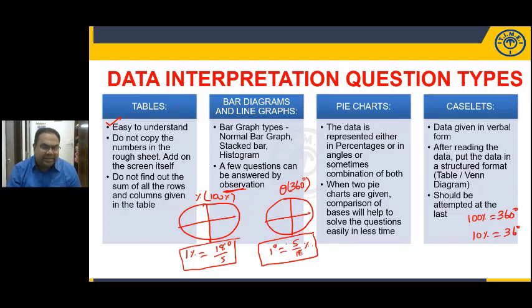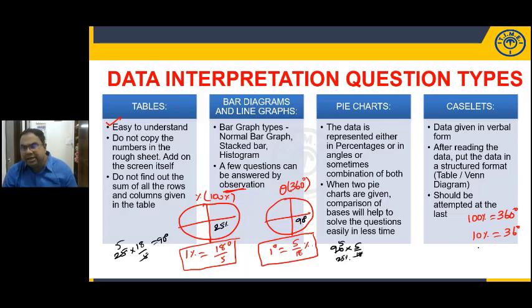Right? Now let's say this is 25%. How many degrees? You want to convert into degrees, multiply by 18 by 5, 90 degrees. Now let's say this is 90 degrees. How much percentage? Degree to percentage conversion, multiply by 5 by 18. It is 25%.